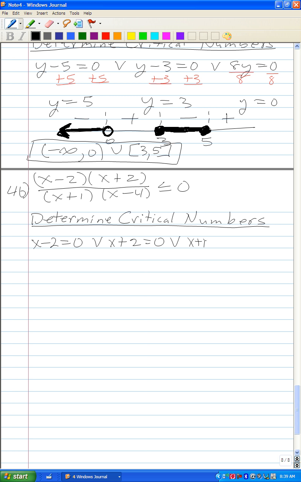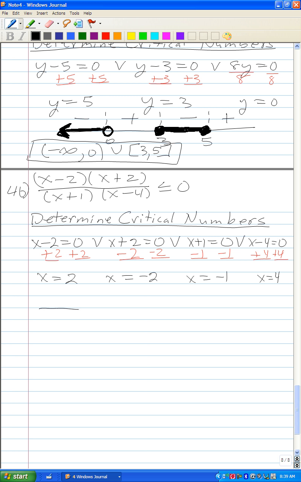X plus 1 equals 0. X minus 4 equals 0. Let me add 2, subtract 2, subtract 1, add 4. So I get x equals 2, x equals negative 2, x equals negative 1, x equals positive 4.